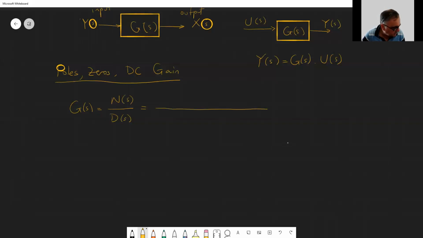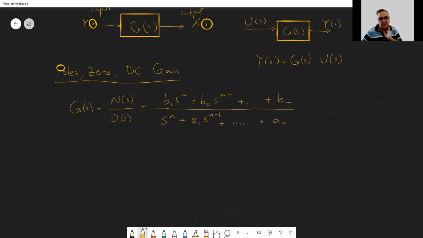Let's say the numerator is of order m with coefficients b1, b2, etc., plus bm, and then you have s to the n plus a1 s to the n minus 1 plus etc. plus an.